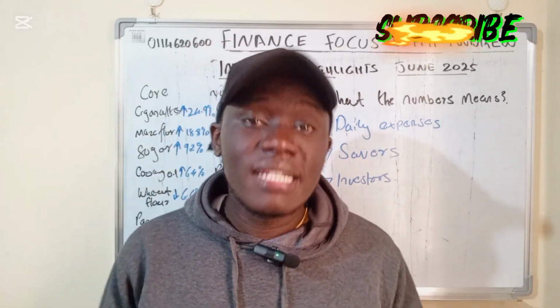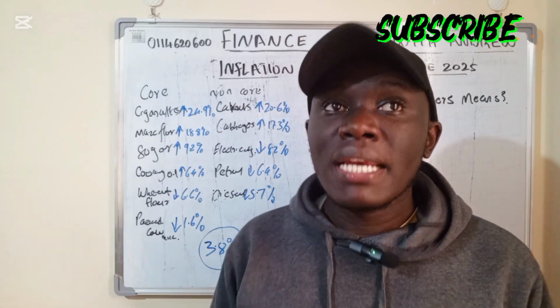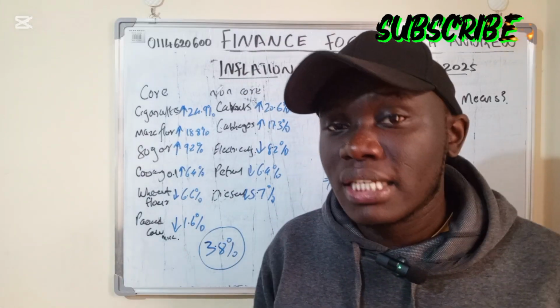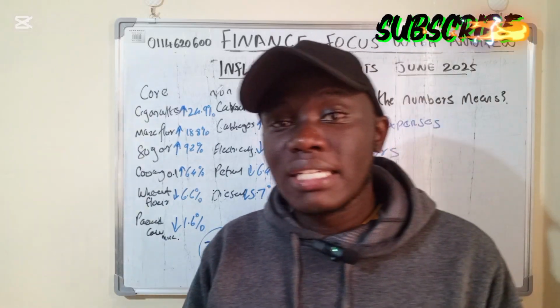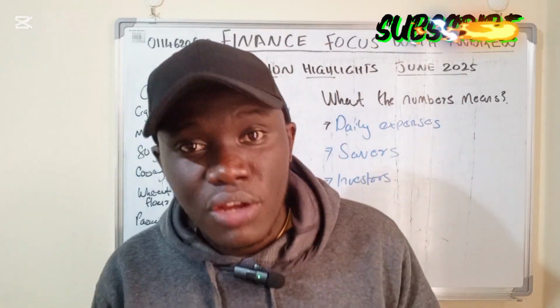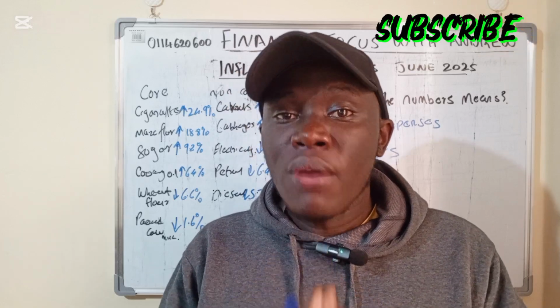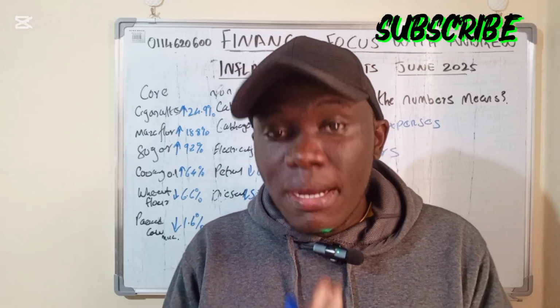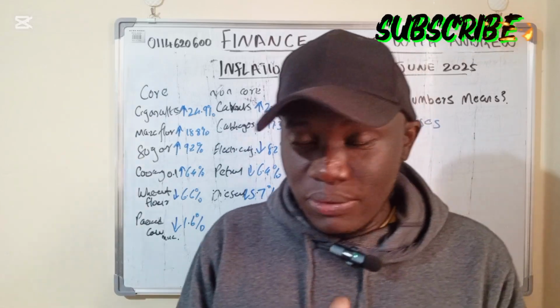Number two, savers. These are people who have money in the bank, money in avenues that do not earn them any interest. To a saver, inflation means that your bank balance is the same. Your bank balance is still 50,000.